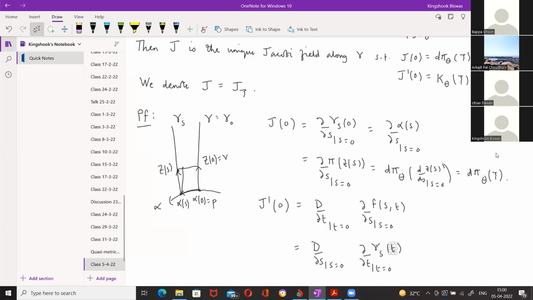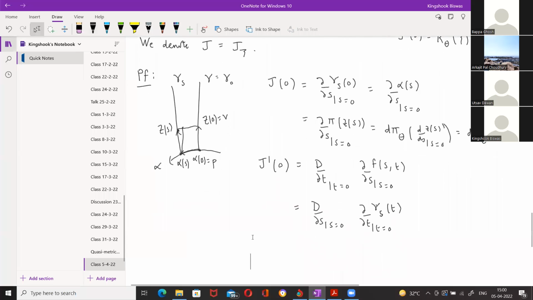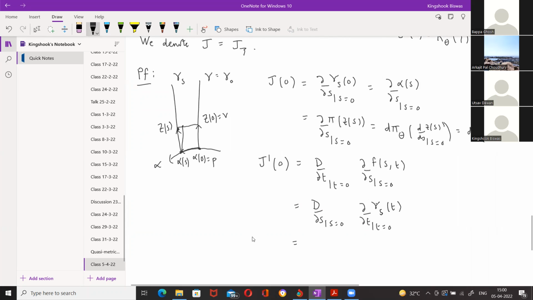So this becomes d del s at s equal to 0 of Z_s, right? And by definition, this is exactly the connection map. This is exactly K theta xi.